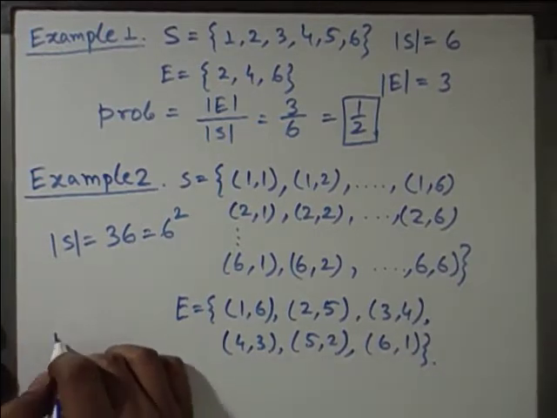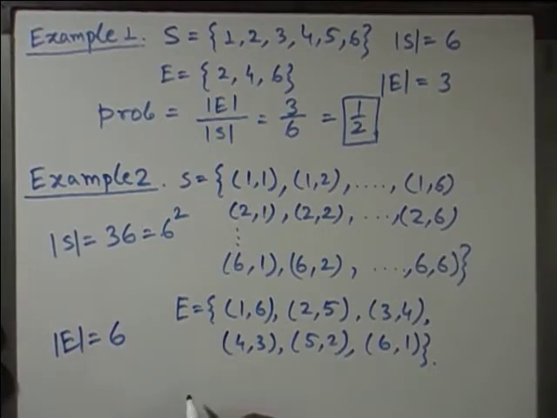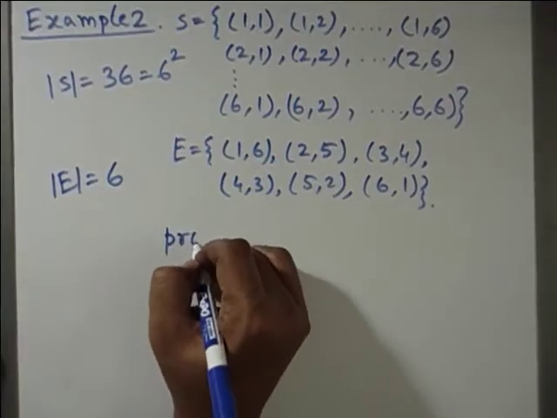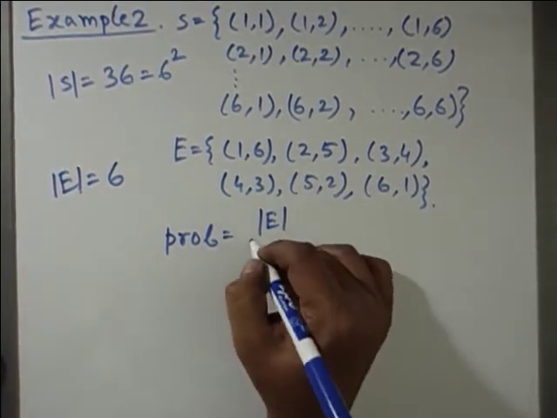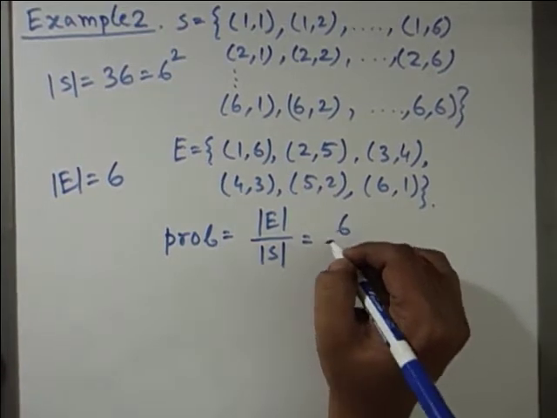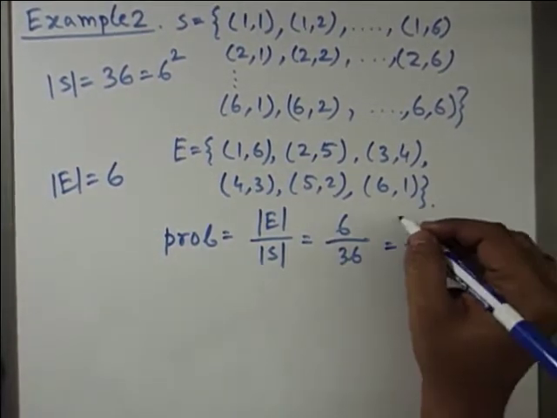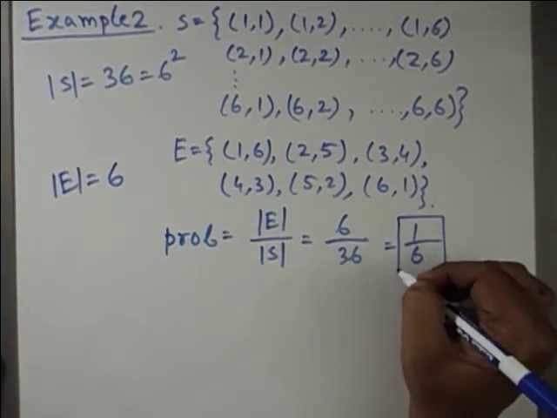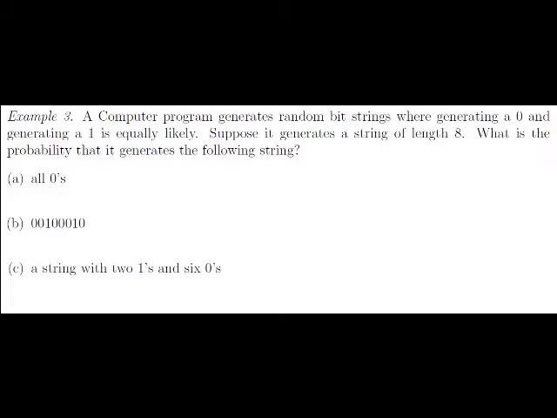The size of the event space is 6. So the probability is the size of the event space over the size of the sample space, 6 over 36, which is 1 over 6.